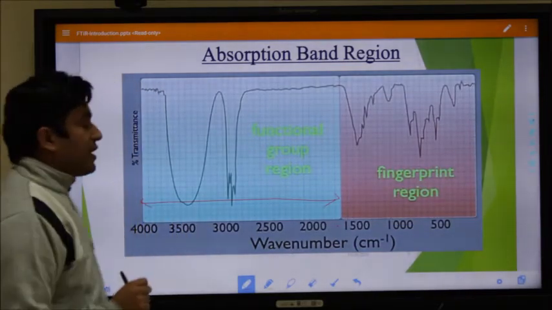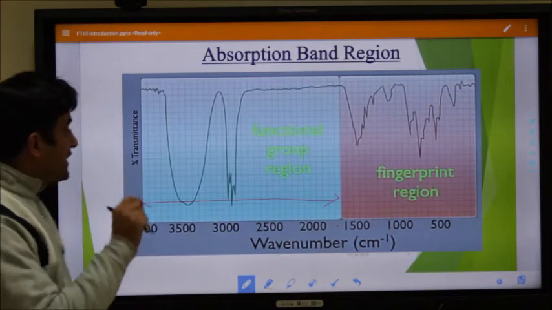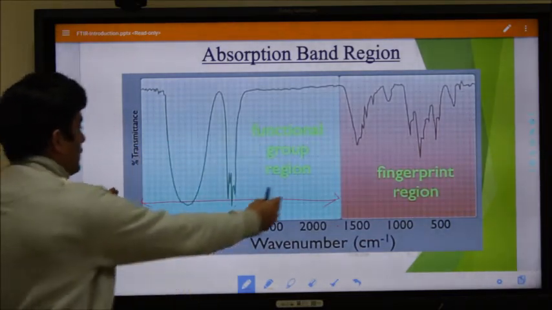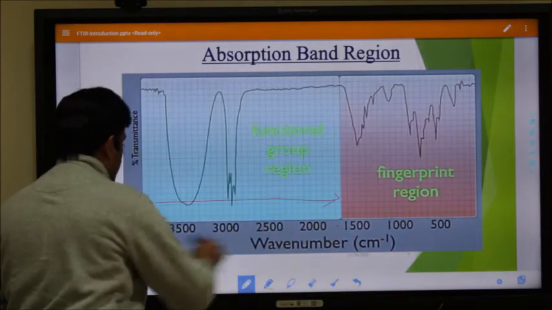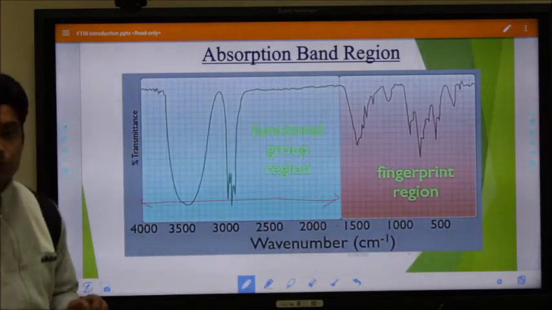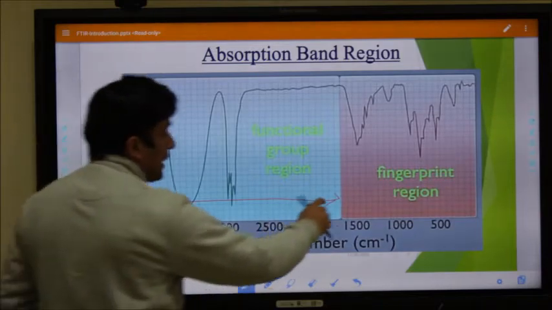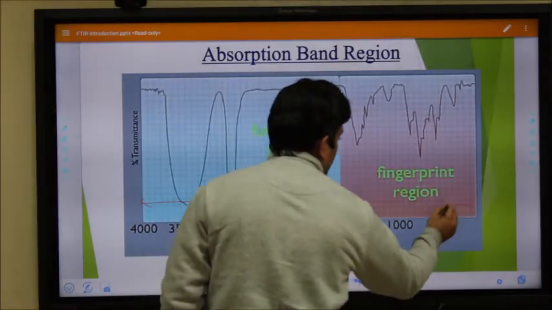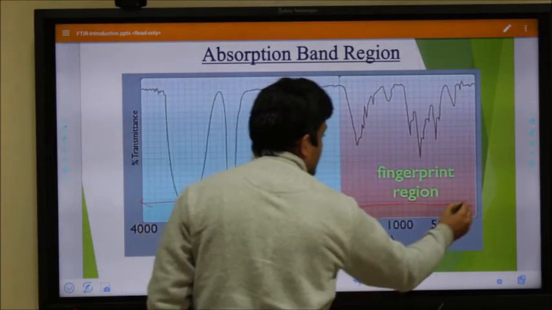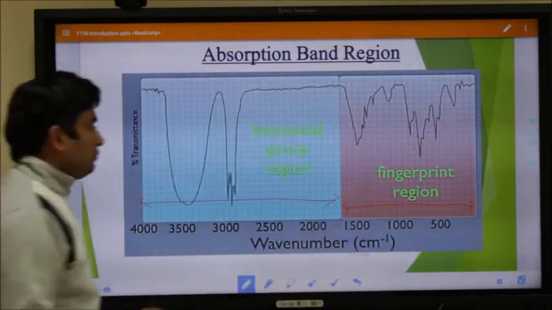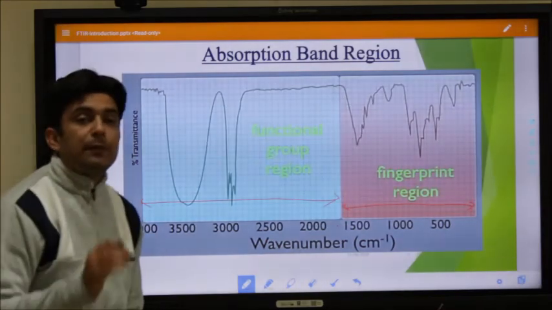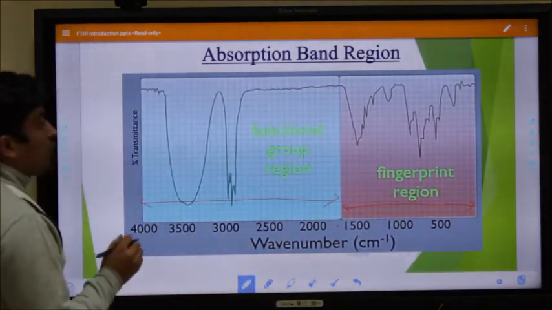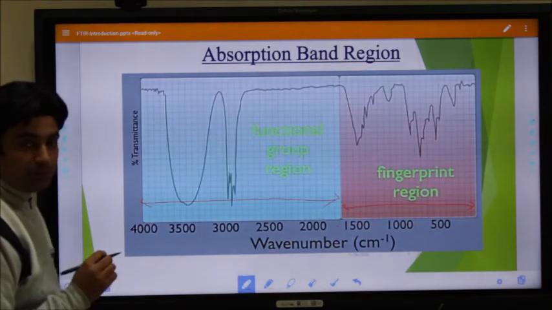What does this mean? This means that you will get the different functional group peaks in this region. And the next region, from 400 to 1500 centimeter inverse, is the fingerprint region.